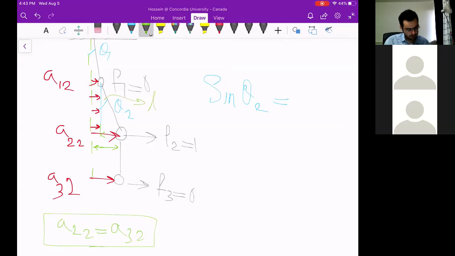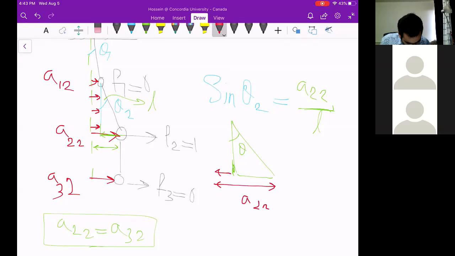This length is L, so it's A22 over L. This length is A22 minus A12. Exactly.